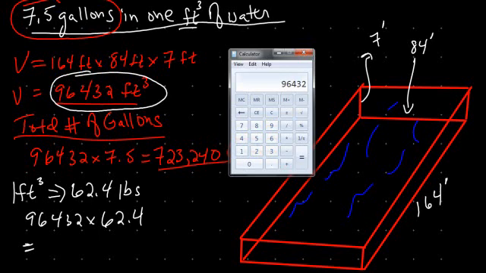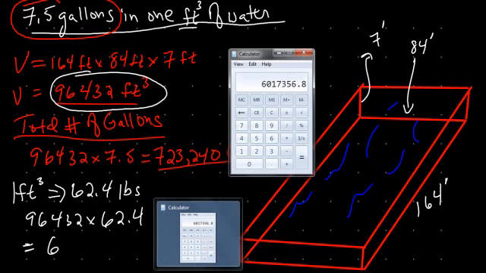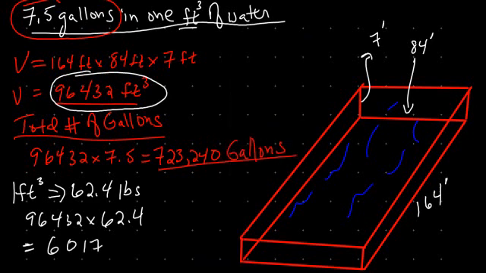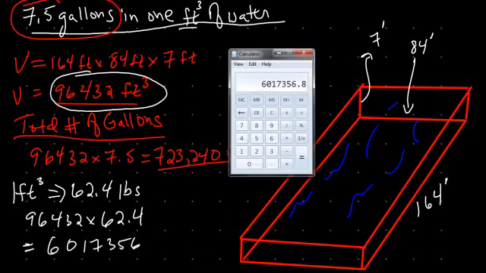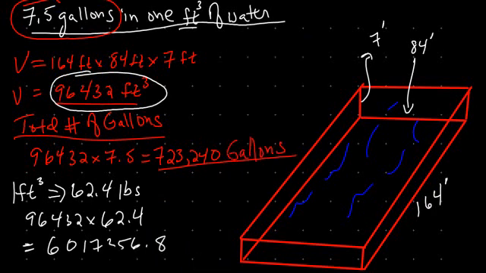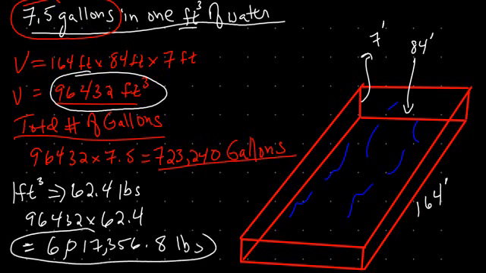Each cubic foot weighs about 62.4 pounds. So what is that? About 6 million pounds. Wow. 6,017,356.8 pounds of water are contained inside an Olympic-sized swimming pool.